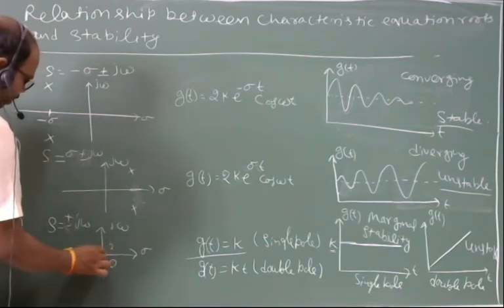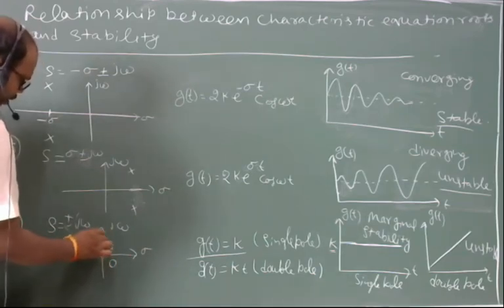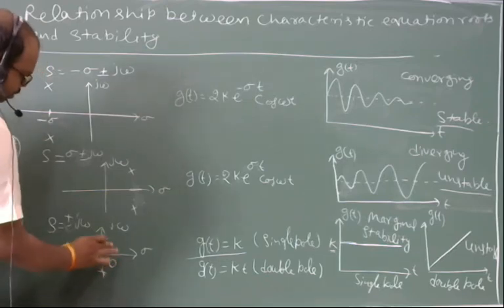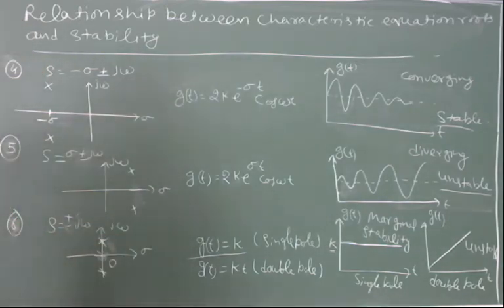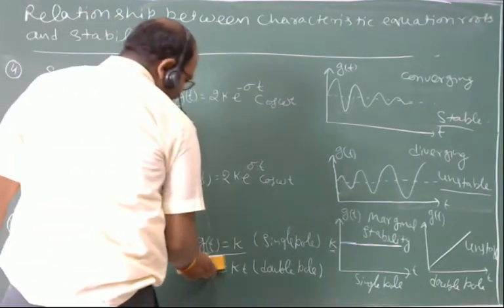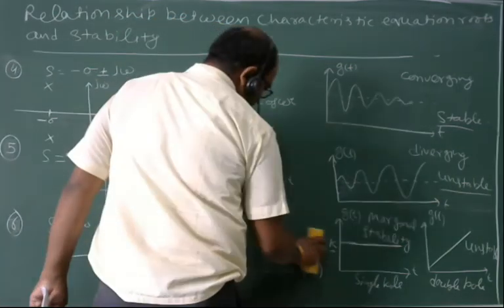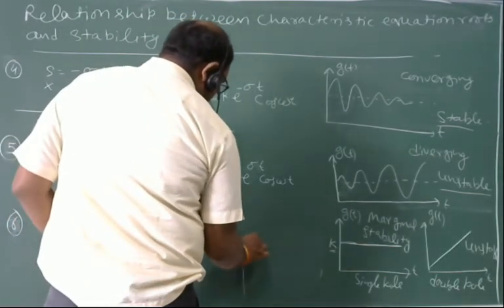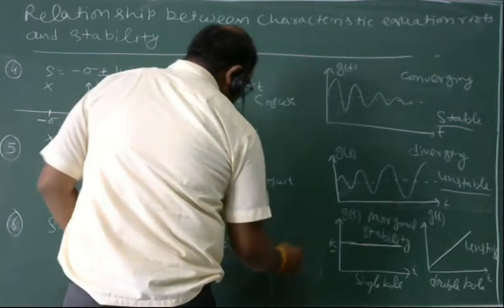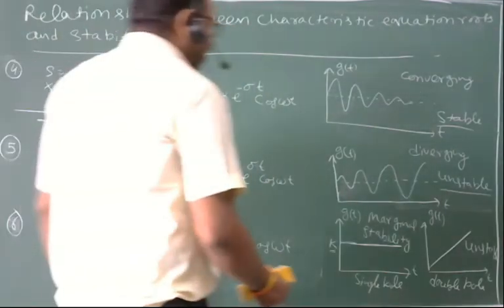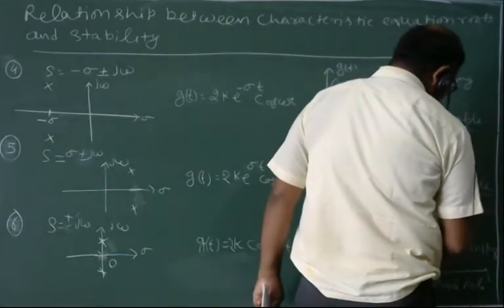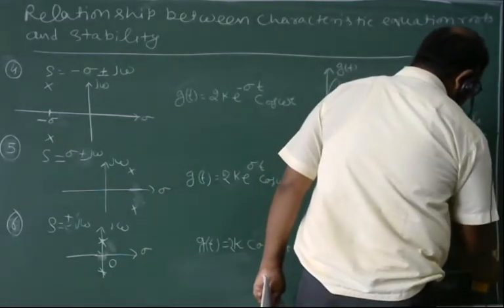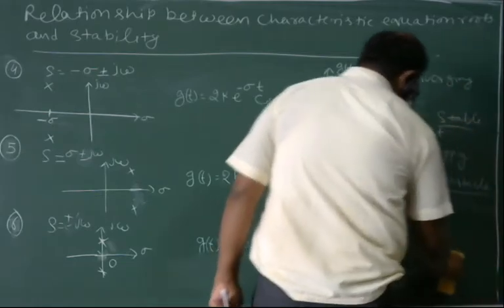So the pole representation will be like this, and g(t) will be 2K cos omega t, and its graph between g(t) and t will be like this.